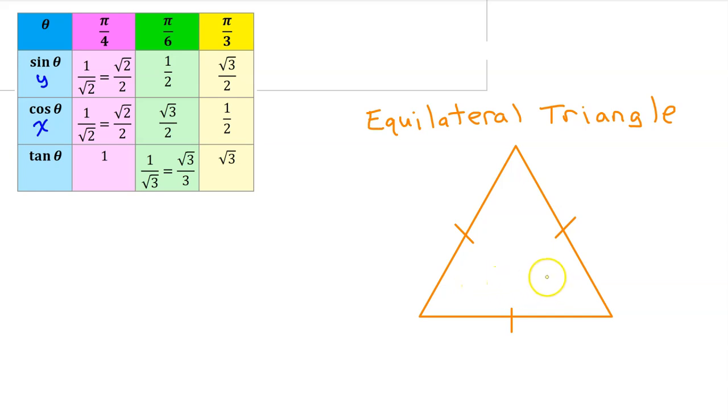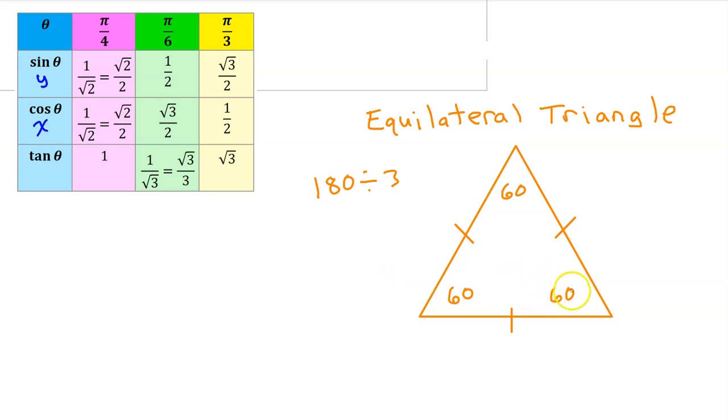In geometry class, we did everything in degrees, and you learned that a triangle has a sum of 180 degrees. So, if you take an equilateral triangle where each of the angles are equal, you can find each angle by dividing 180 by 3. 180 divided by 3 is 60 degrees, so each angle was 60.